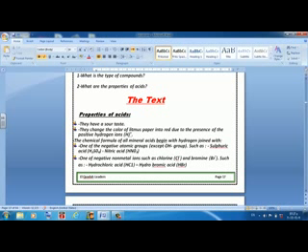I will read this part again. The chemical formula of all mineral acids begins with H. It means if you see any compound starts with H, it will be an acid.